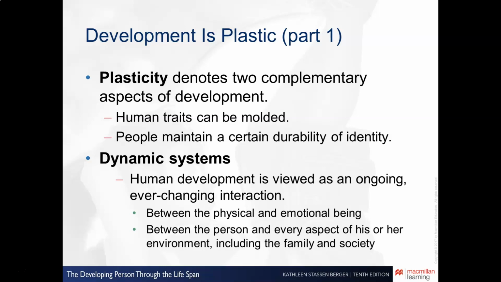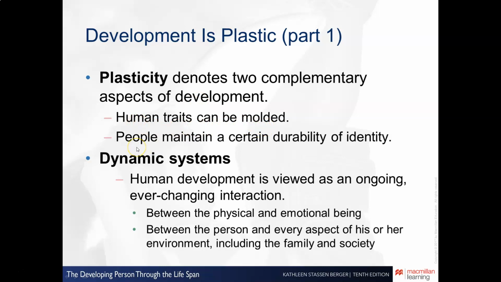Now, another thing that is important to keep in mind is development is what's known as plastic. And plastic just means basically it can be molded. It's malleable. And so really quickly here, plasticity denotes two aspects of development. So human traits can be molded.